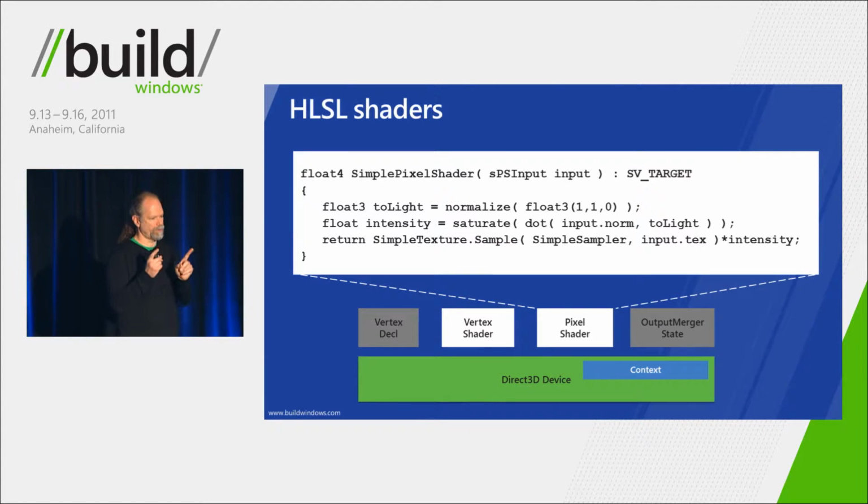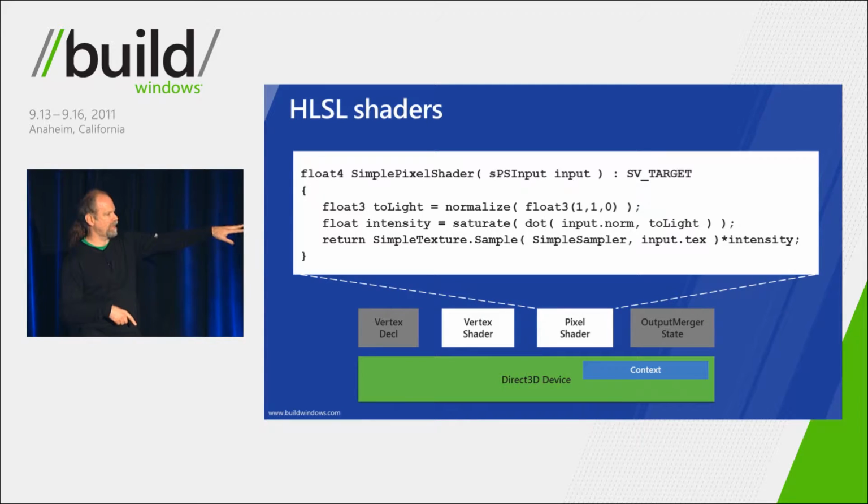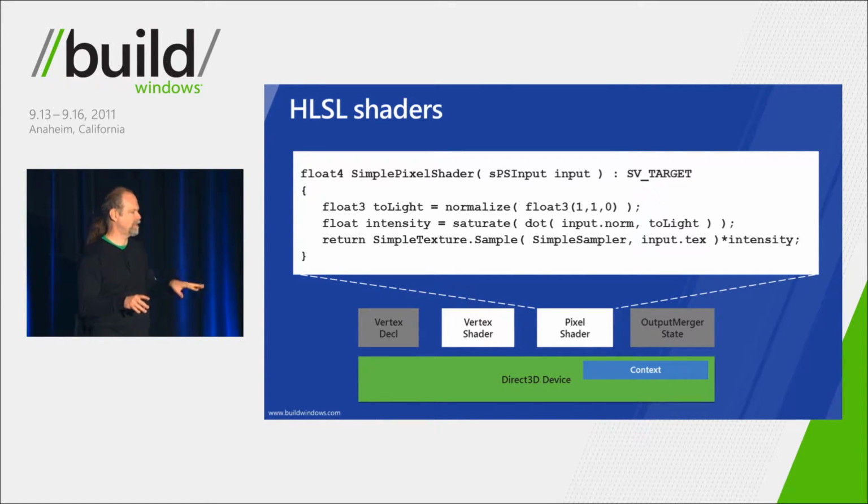So if the normal to the surface is pointing in the same direction as the sun is, then it's 1.0, and I'm really happy. I get a full, bright scenario. If they're pointing opposite each other, I use that saturate command to clamp it so that it never goes below 0, and it's basically dark or nighttime at that point. And then the next line of the code is where I sample that stack of, say, those flower textures.